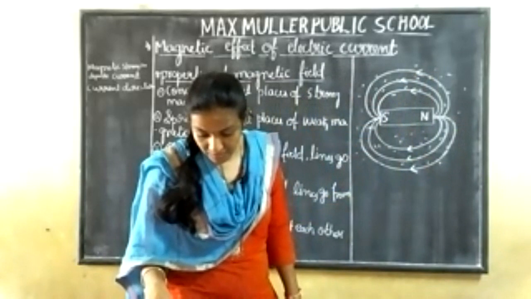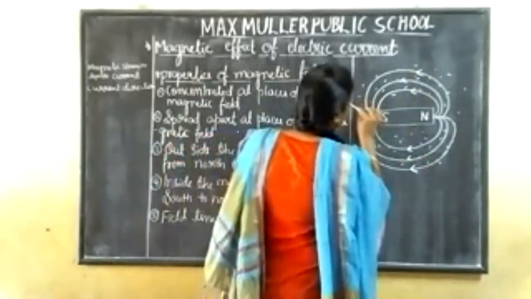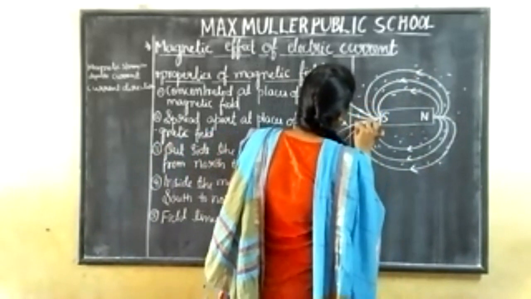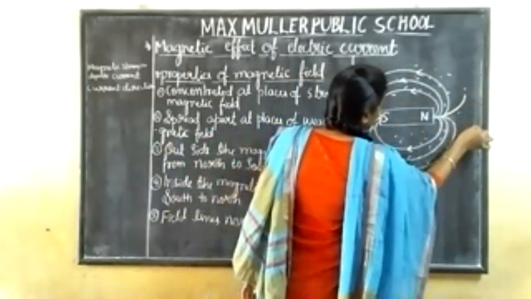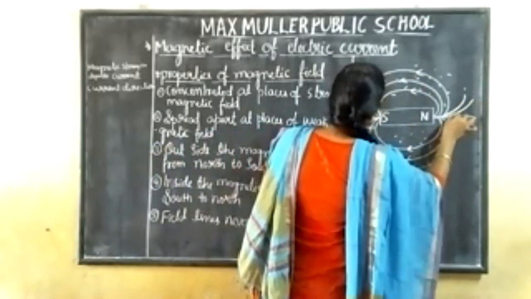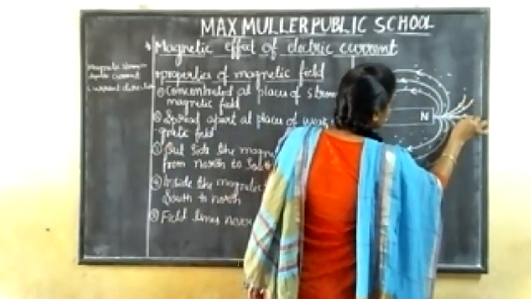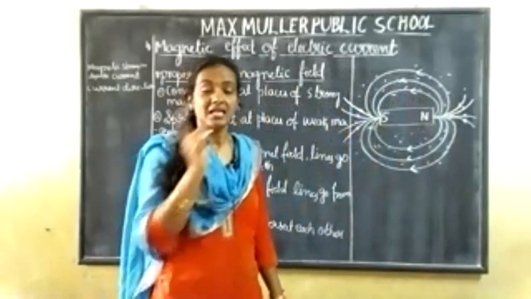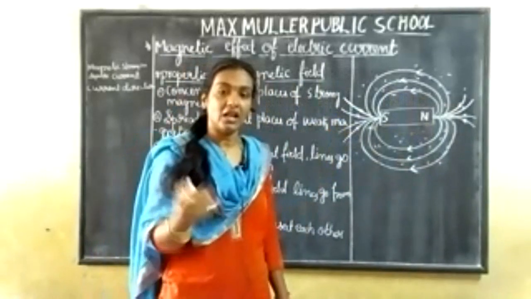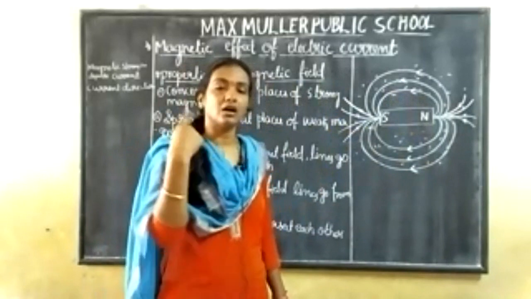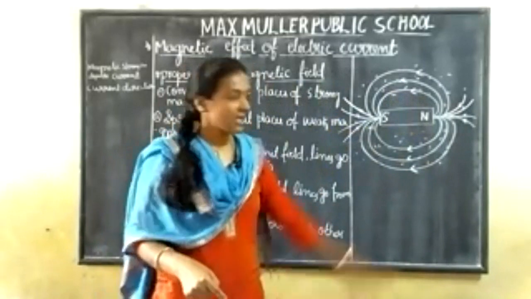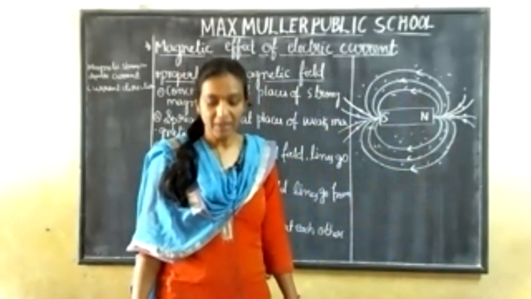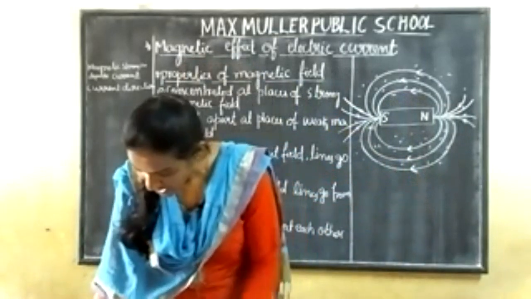You have that diagram in your textbook also. All the iron powder goes towards the magnet in this way. You can see this one. This is the magnetic field line, how they arrange themselves around the magnet. Clear my point? Yeah.